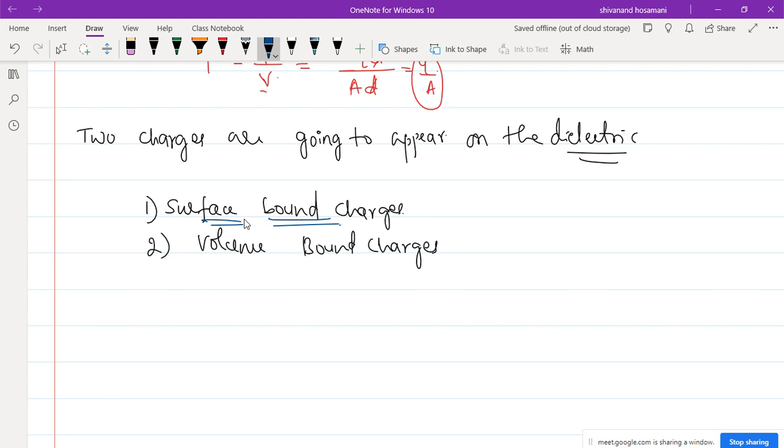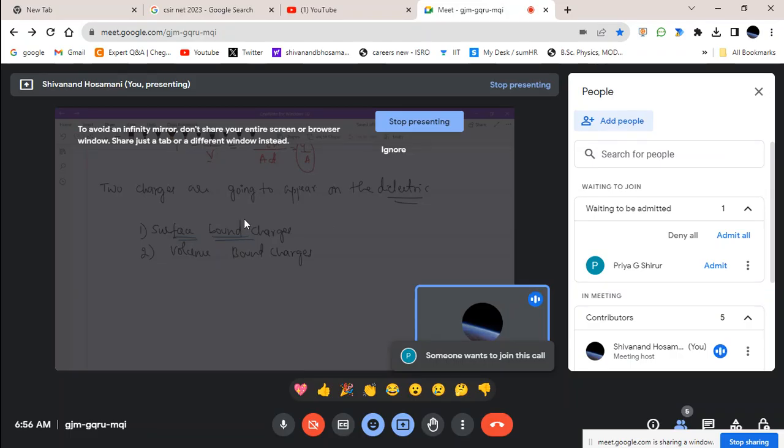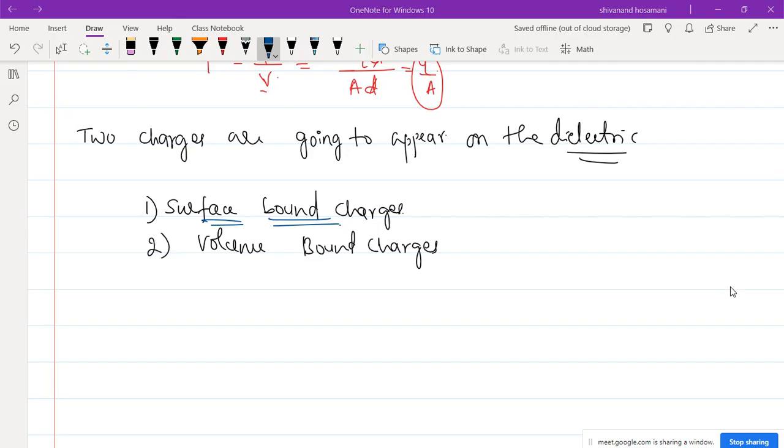Therefore, the density of these bound charges is defined as the bound surface charge density.